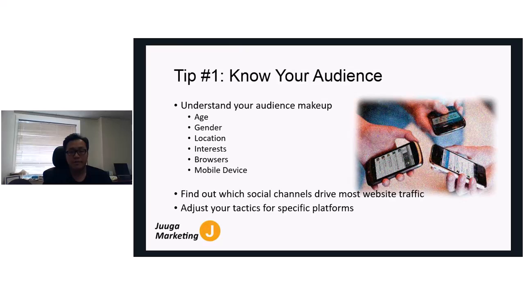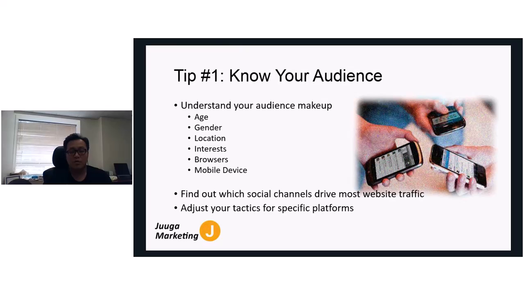So tip number 1, know your audience. If you've already played around with it before, you must know that audience is probably one of the biggest tabs that they have. Understanding the audience makeup tells you about age, gender, location, interest, what browser they use, what mobile phone they use, down to the brand level. It's quite useful sometimes. Again, it depends on what your business is and what you need to gather from them.